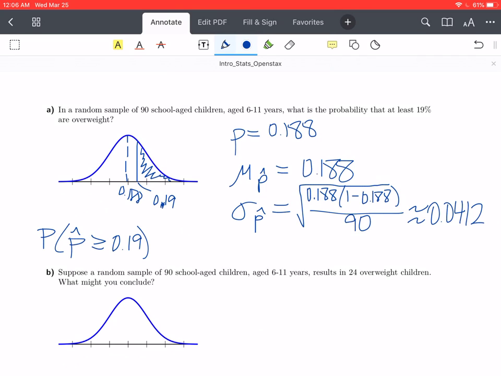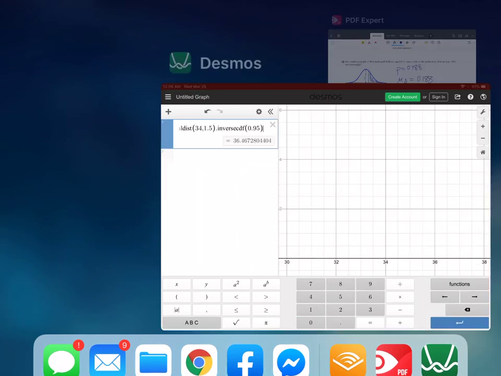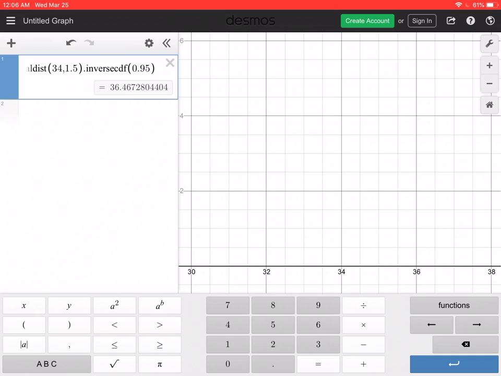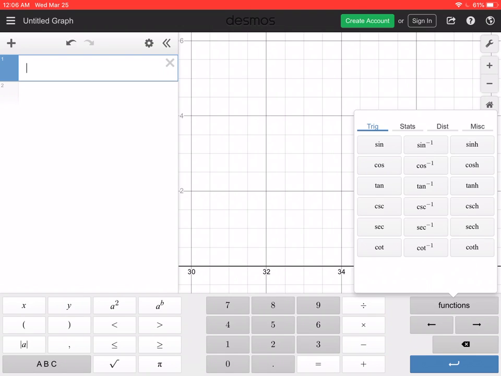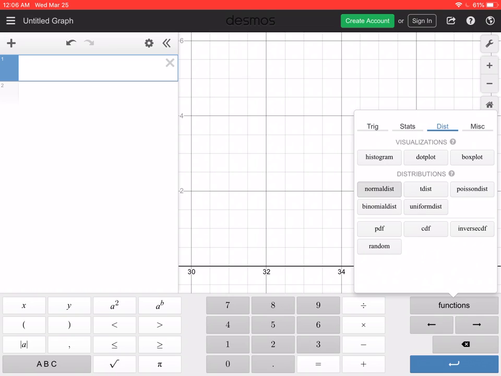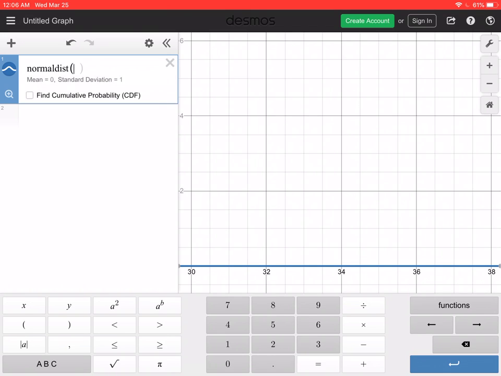So let's take this information and run it through Desmos. Okay, so let's get our normal distribution here. Get the mean, we said, was 0.188.